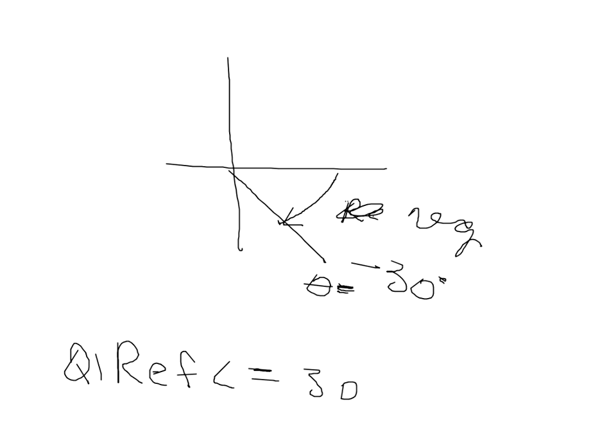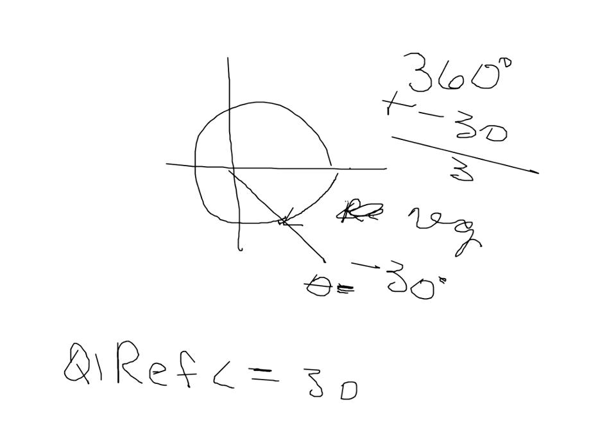Now the angle that's between, going around this way, it would be 360 plus a negative 30, 330 degrees. So that's how we would find the coterminal angle if we restrict it to between 0 and 360.